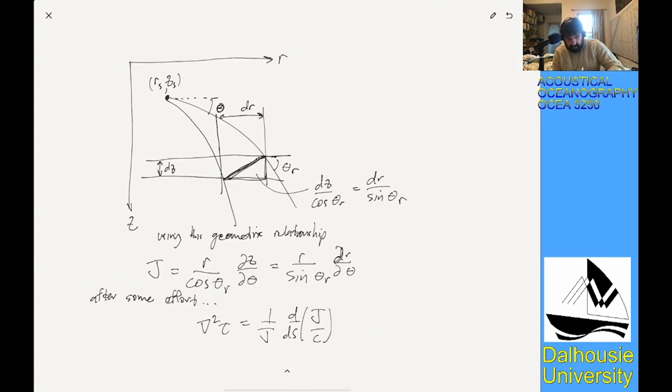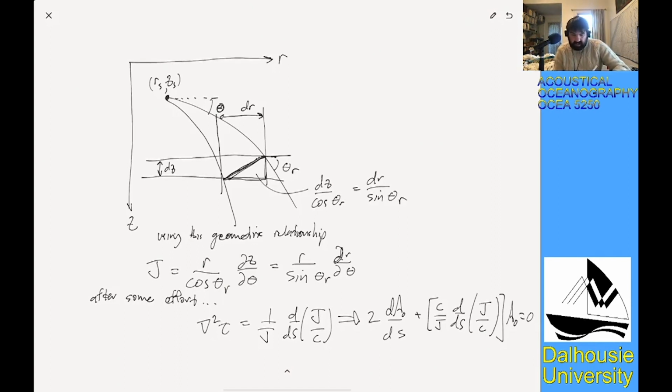And that allows us to write the transport equation as 2 dA0/ds plus c over J d/ds of (J over c) times A0 equals 0. So this is a pretty little ODE that has a simple solution.